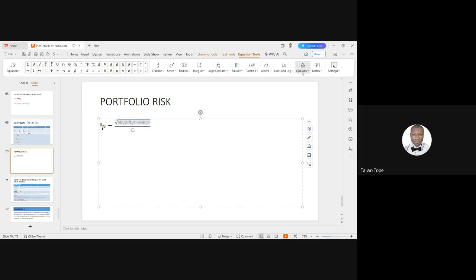So I'm trying to build up on last year's experience or last diet experience. So standard deviation of security y square.